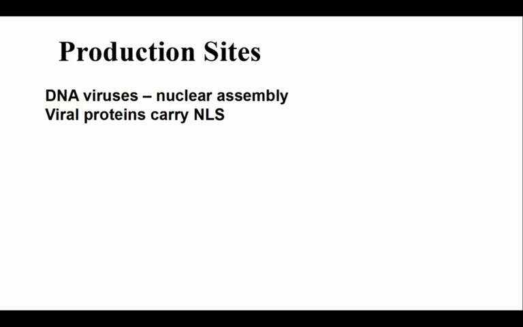If I were to guess why this is the case, it's probably because a lot of the antiviral innate immune mechanisms are based on detecting the wrong type of nucleic acid in the wrong place. So if you've got any double-stranded DNA in the cytoplasm, the cell is not going to like this at all.